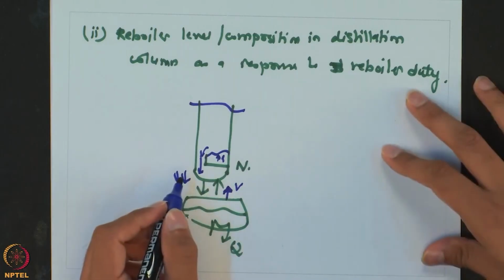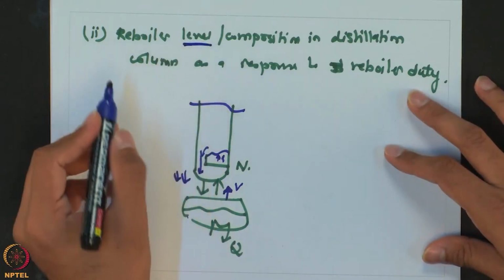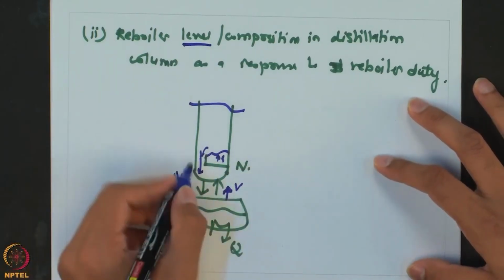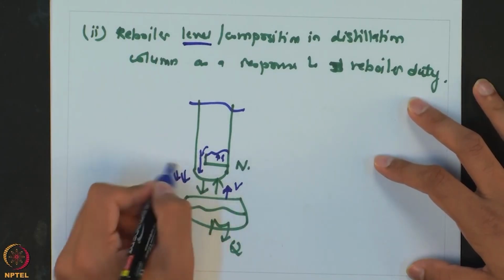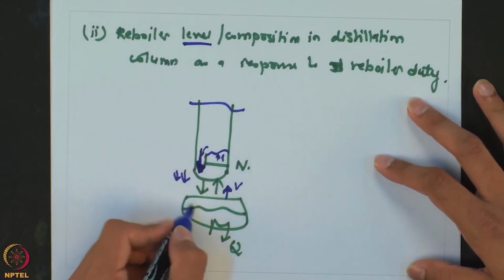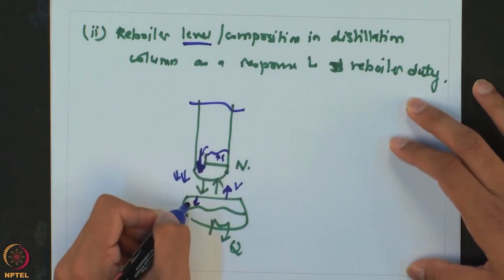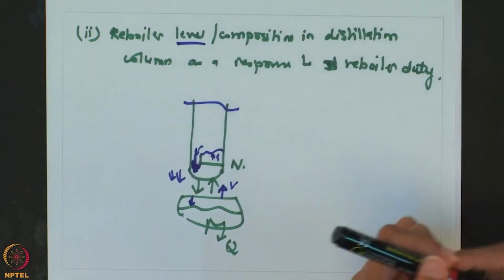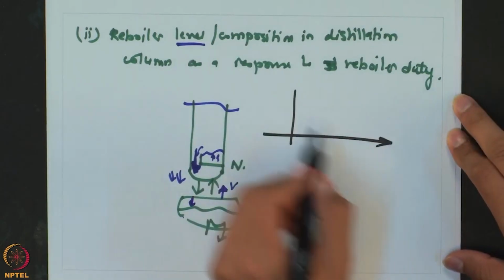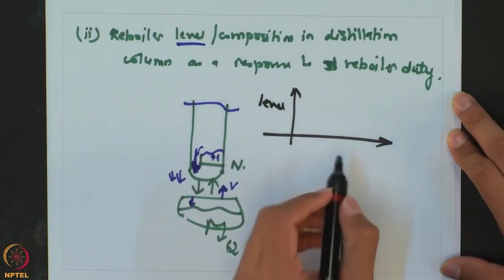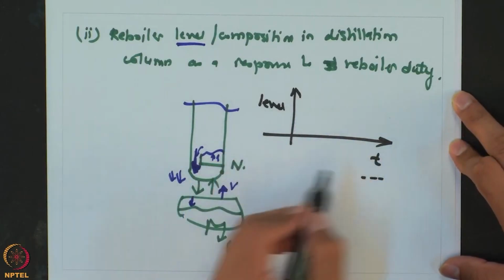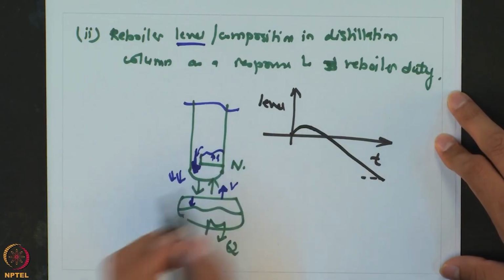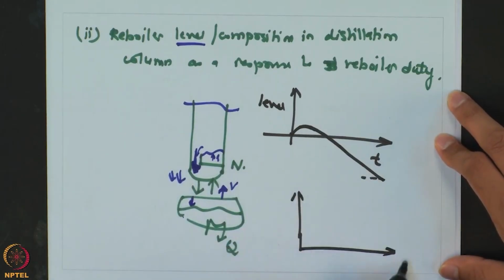So, even though you increase the reboiler duty, the level inside the reboiler keeps on increasing momentarily before it starts to reduce. And the same way the composition, as you are mixing some low composition liquid into the reboiler, because of this effect the purity also goes down. So, ideally what you expect is when the reboiler duty increases, the reboiler level you want to go down, but initially you see that the level increases and then the level goes down, and the opposite effect is on the composition.